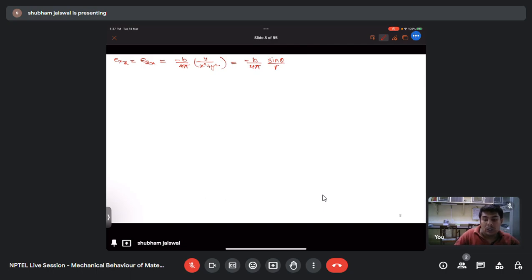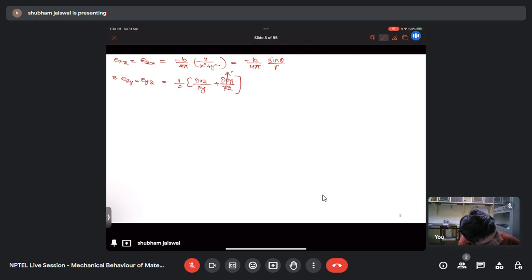Now if I calculate similarly for the strain in the yz and zy direction, we get ezy equal to eyz equal to half of dou uz upon dou y plus dou uy upon dou z.